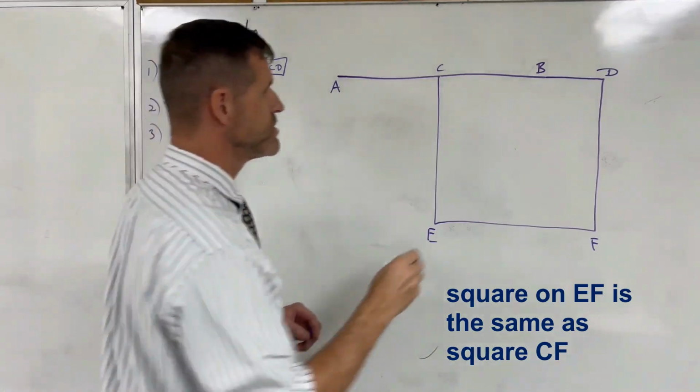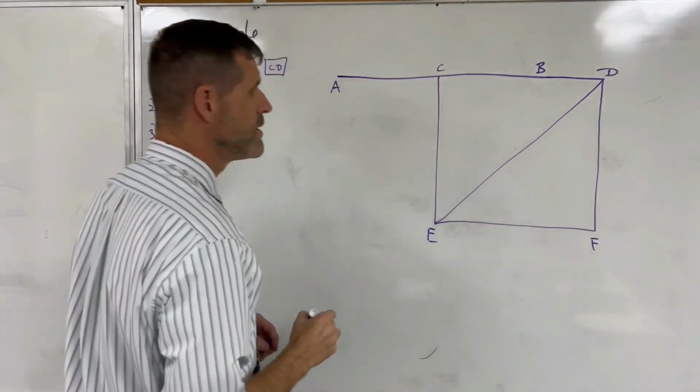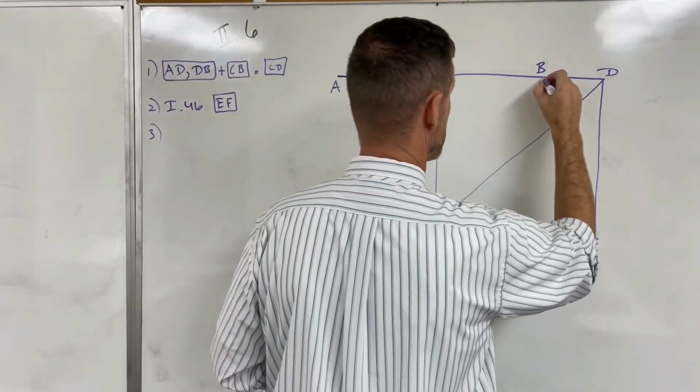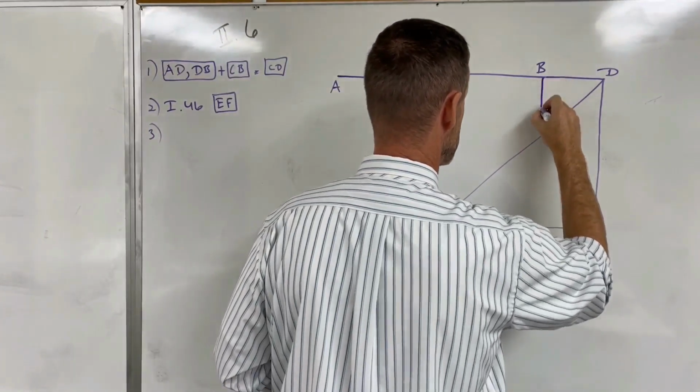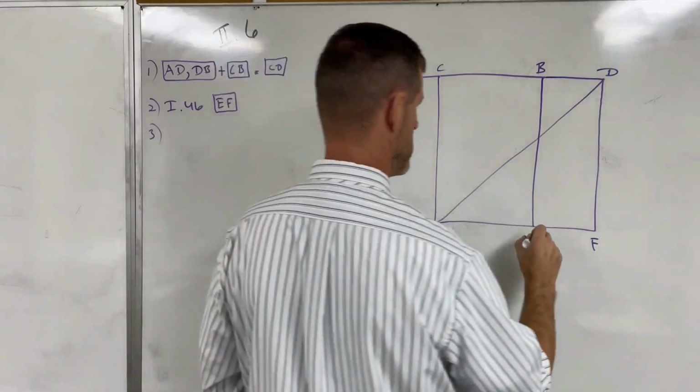And then we connect D to E using a postulate from Book 1. And then from B, we draw a line parallel to either DF or CE. We'll call that G.